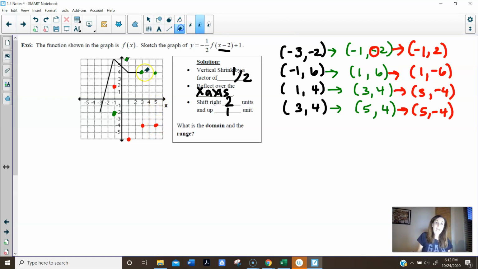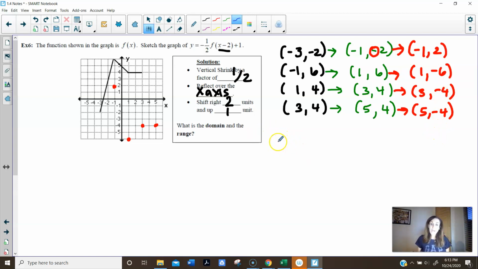And I'm going to go ahead and erase the green values so that we always are just working with those 4 points. All right, so order of operations, the next thing I want is a vertical shrink by a half. So in order to shrink it vertically, I take the y values and I cut them in half.